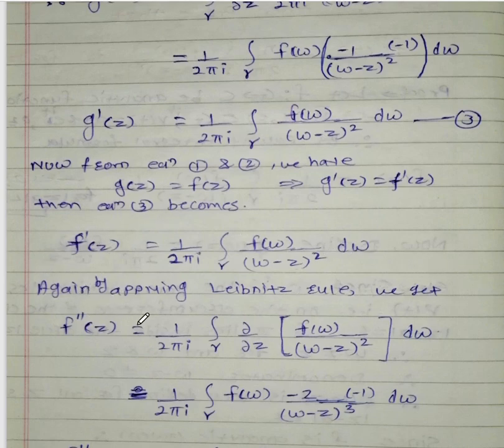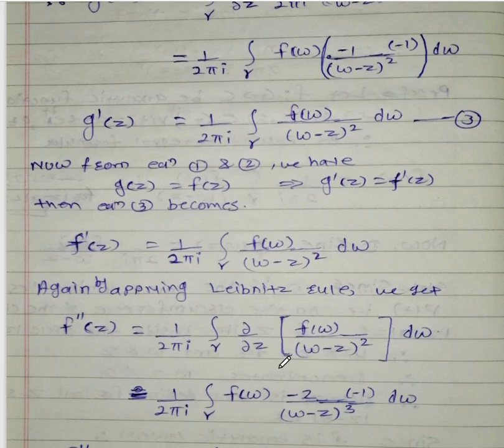Again by applying the Leibniz rule, there will exist a second partial derivative of f of z. So therefore f double dash of z exists, and f double dash of z equal to 1 upon 2 pi i integral over gamma del by del z of f of w upon (w minus z) to the power 2 dw.